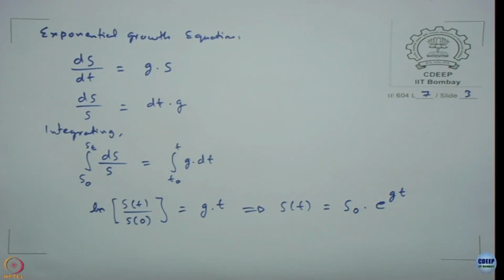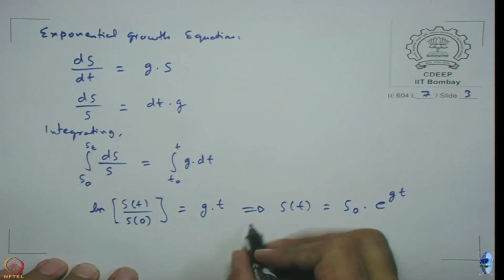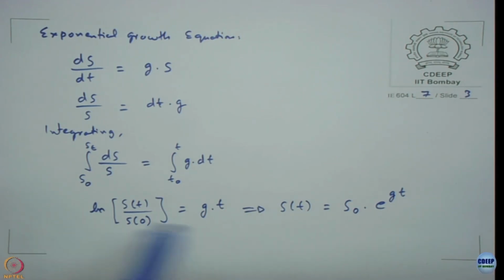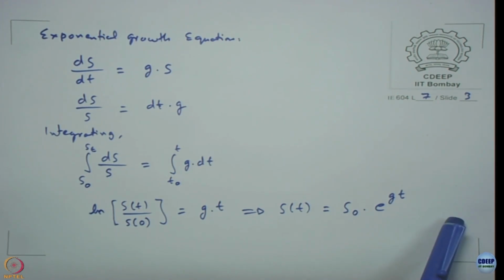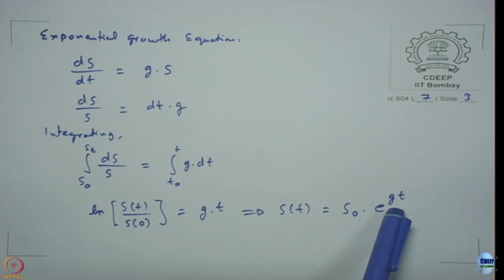Right. So, then I just raised it to the exponential power and moved the denominator to the right side. So, I get the stock at time t is nothing but the initial value of stock into e power gt, and as you can see, these are positive values, g is greater than 0.